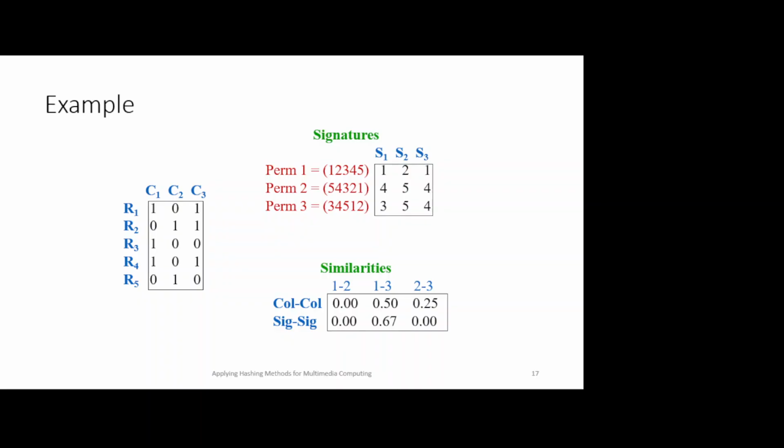First we check document 1. R5 is 0, so we skip. The next, R4, is 1. So here we keep the first min hash appearing at R4, so the min hash value is 4.